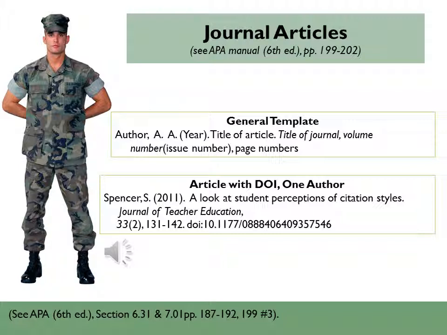If you happen to find a citation and the DOI does not exist, we will show you later on in other slides how to cite this particular citation that doesn't have a DOI. But just remember, the general template is when you're citing a journal article, make sure the title of the journal and the volume number are italicized. And for more information, you can go to section 6.31 or pages 187 to 192 for more assistance on how to cite a journal article.